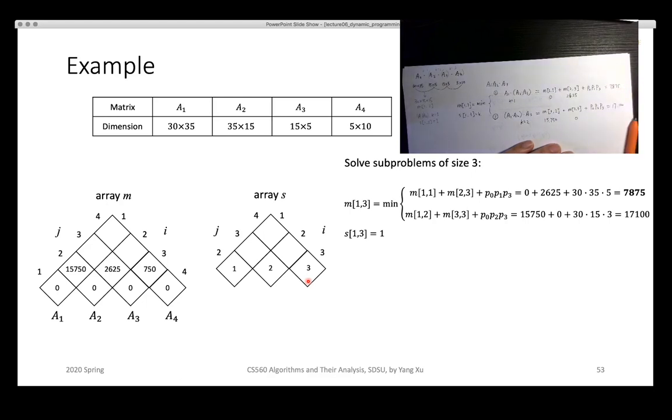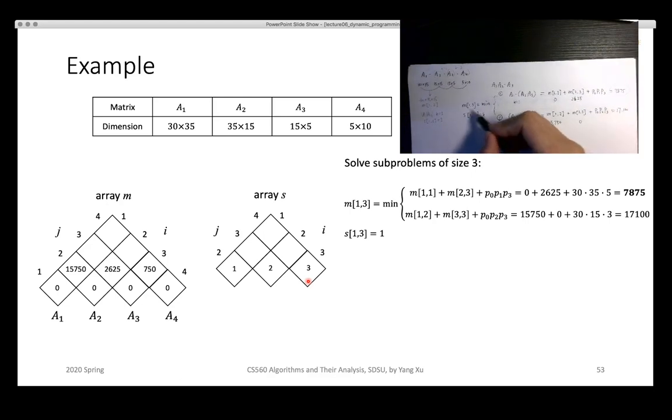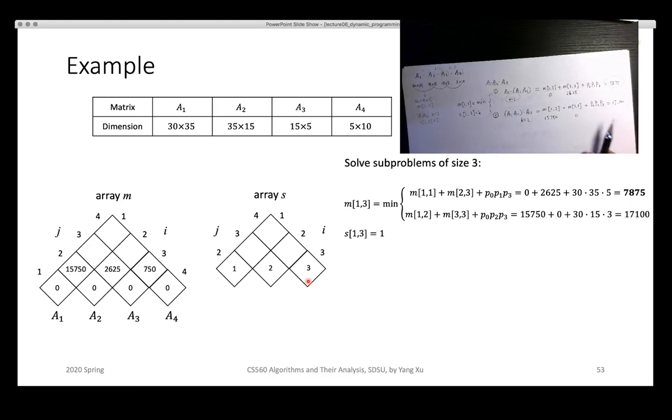So of course we will choose this one as the optimal solution to M13, and K should be 1. So we update our table by copying the 7,875 into here, and K equals 1 into this cell in the S array.